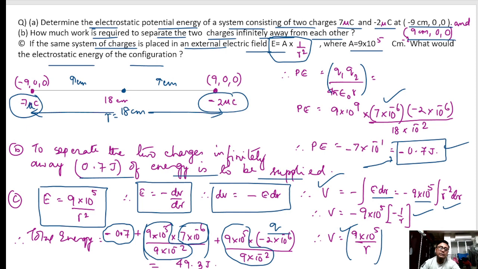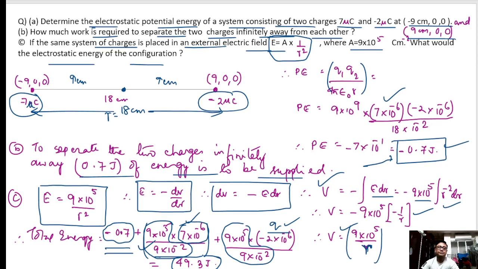So what is the extra energy? Here, in place of r I will put the distances of the two charges separately into Q. That will give me this was the original energy plus this energy also. So this is the total work done.